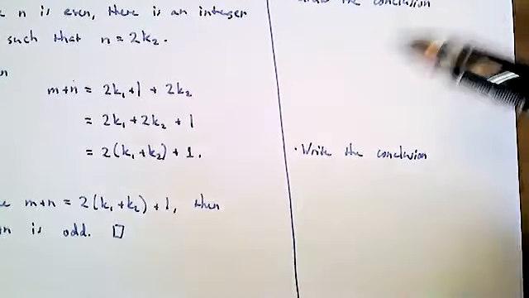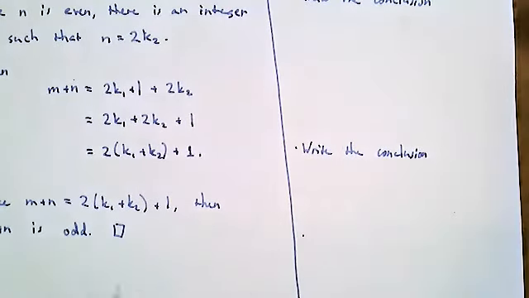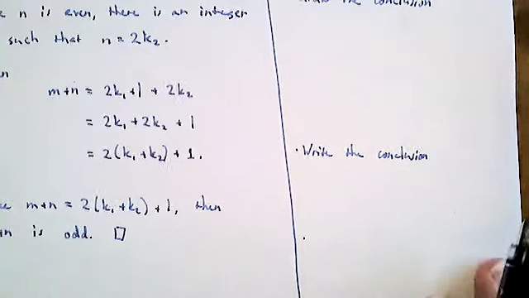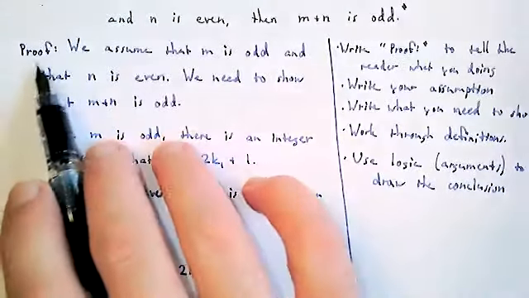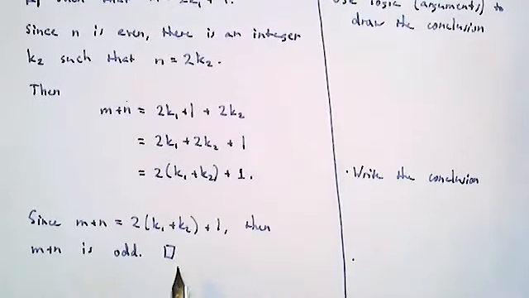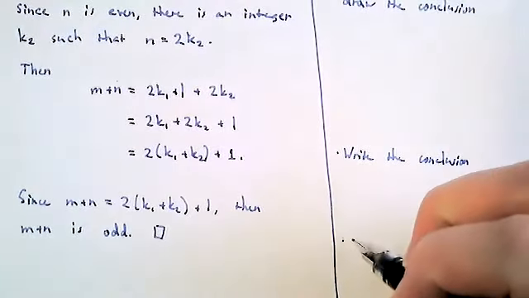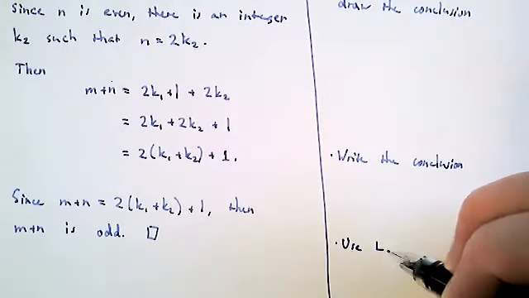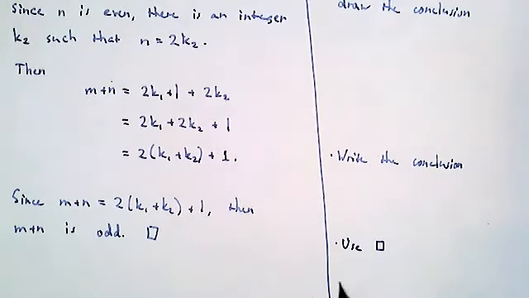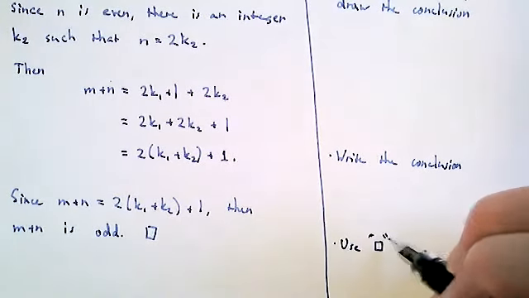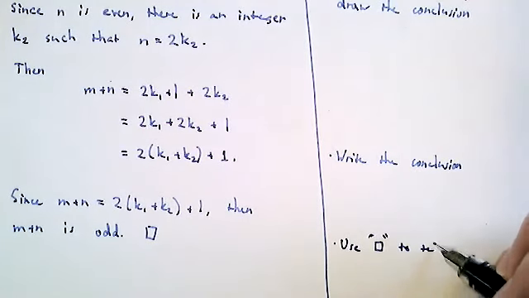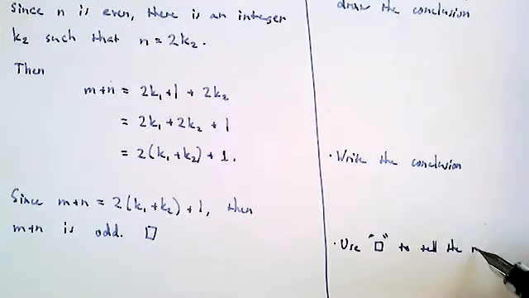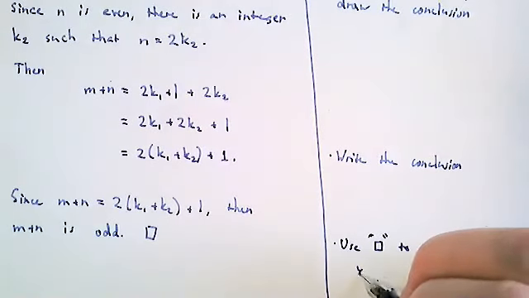And I left off one bullet point down here. Usually in math, when you're proving something, there's a symbol that you'll use to show that you're done with your proof. So your proof starts with a word like that, and it ends with another symbol. And I'm going to use this one. It's just an empty square, to tell the reader you're done.